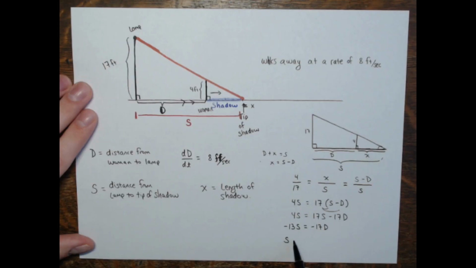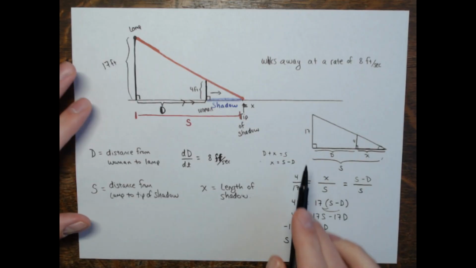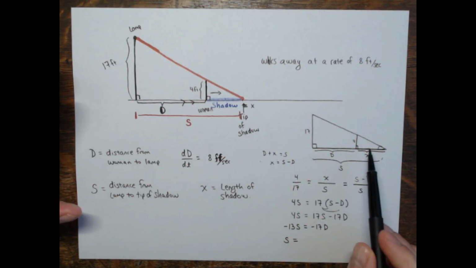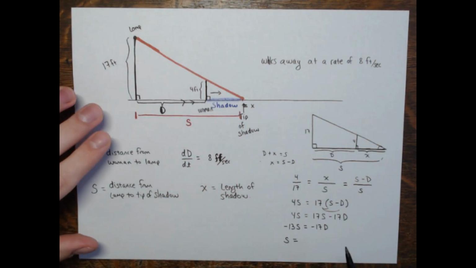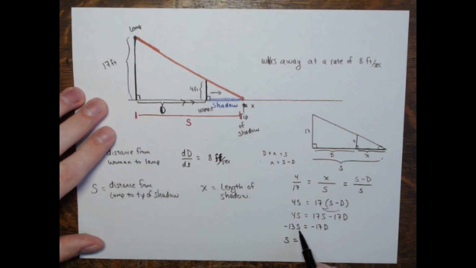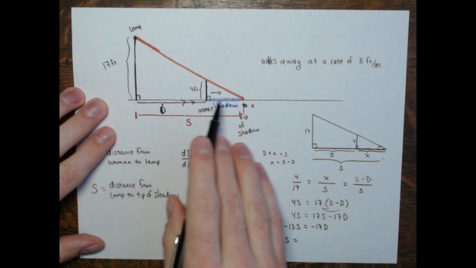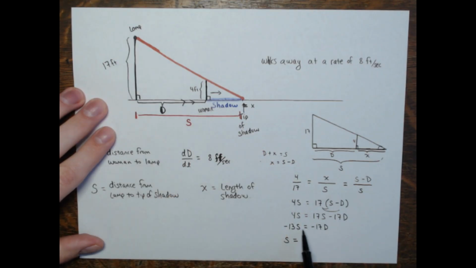So s, this is at any given moment, right? This kind of triangle's happening no matter where she is down the path. So the length from the pole to the tip of her shadow will always be 17/13 multiplied by the distance from the pole to her. This will always happen.